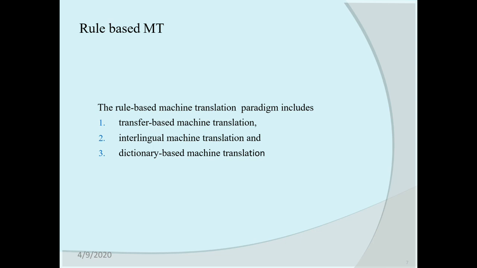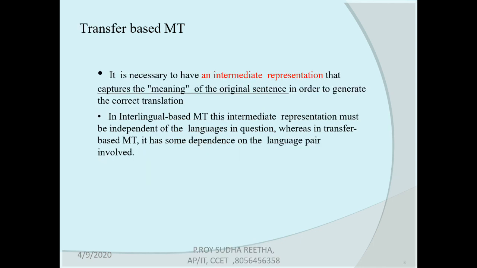Rule based machine translation is the first very important method we are going to see. The rule based translation method involves three types: transfer based machine translation, interlingual machine translation, and dictionary based machine translation. The basic meaning of transfer based machine translation is that the intermediate representation captures the meaning of the original sentence to generate the correct translation.